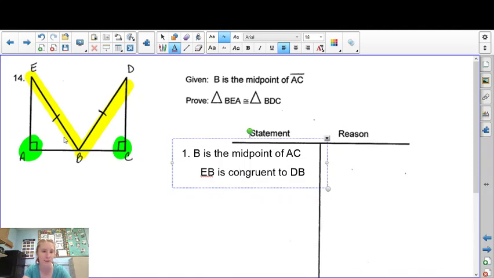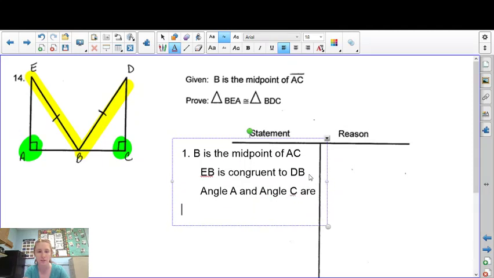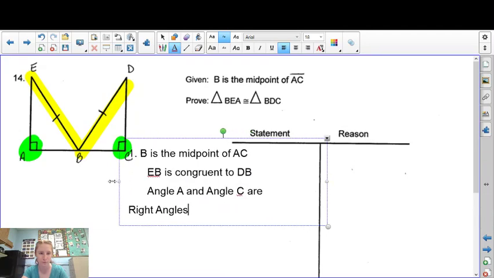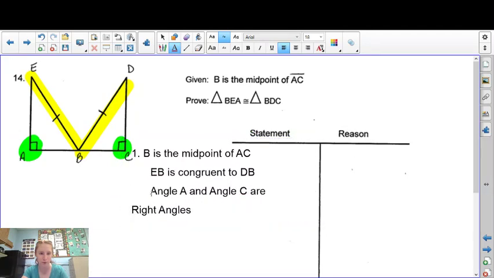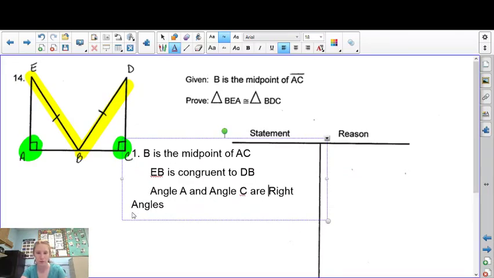So since I have these tick marks already on here, I can state that they are equal in that form. And what else do we know? Angle A and angle C are right angles. I'm trying to not shorthand, so we understand the concept, so we all agree.